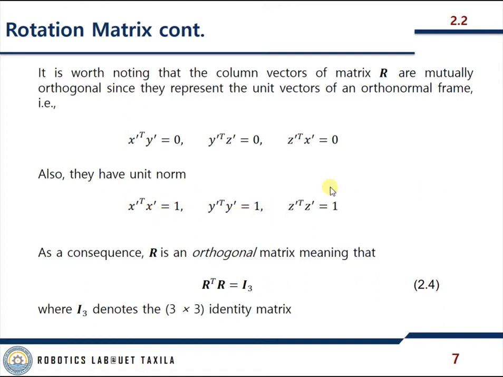So it has unit norms too; it's not only orthogonal but orthonormal as well. As a consequence, R is an orthogonal matrix, meaning that R transpose R is equal to the identity matrix.